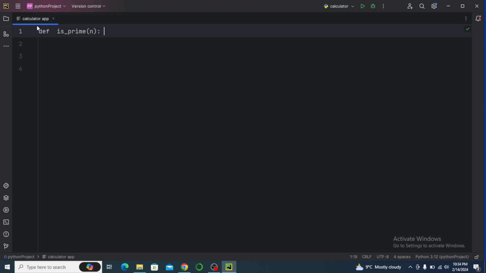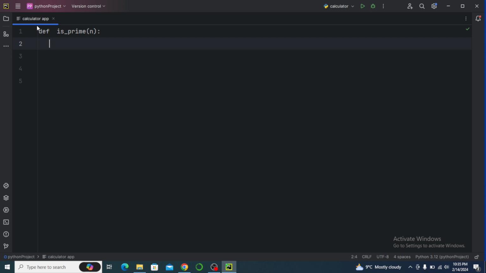A prime number is a whole number that is greater than 1 and that cannot be exactly divided by any whole number other than itself and 1. So it's a number that is greater than 1 on one hand and cannot be divided by any whole number other than itself and 1. We're going to put all this in our definition so that we'll be able to get the right answer.